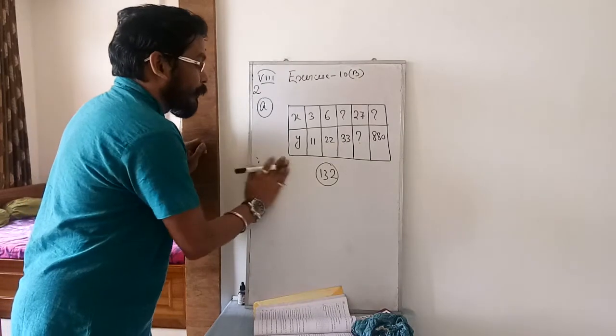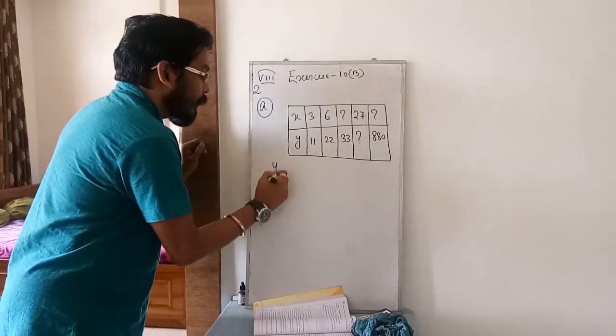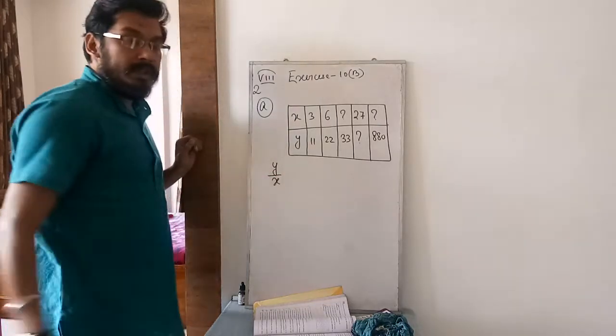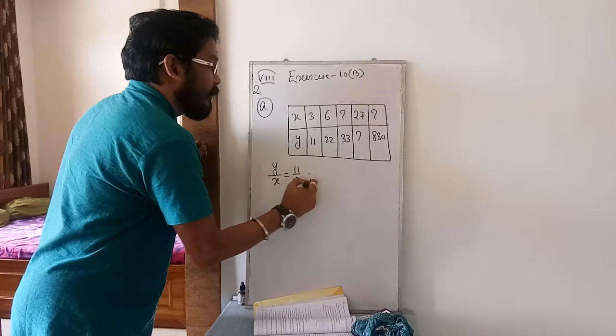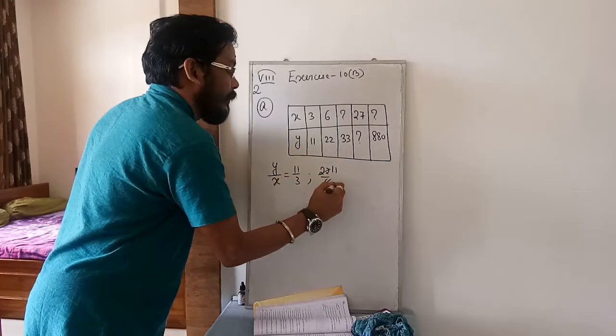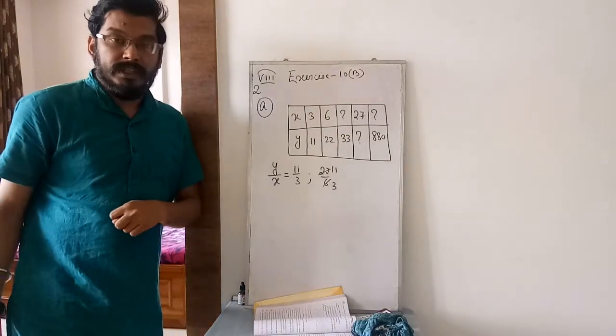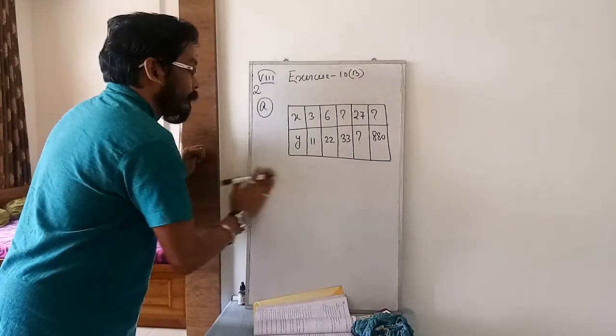Now let me check for directly. The concept is y by x. So y by x, how much will I get? 11 by 3. In the second case 22 by 6. If you cancel it, 11 by 3. That means it varies directly.